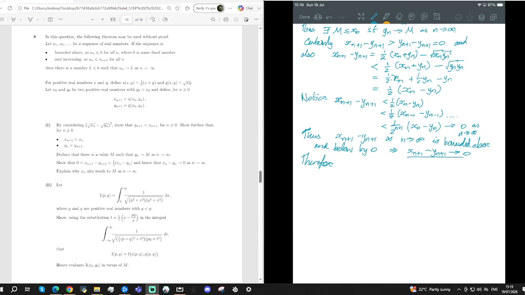And this is kind of the difference between analysis at a university level and maybe what this question is requiring of us. Therefore, xn plus 1 and yn plus 1 tend to the same value, i.e. xn tends to m as n tends to infinity.